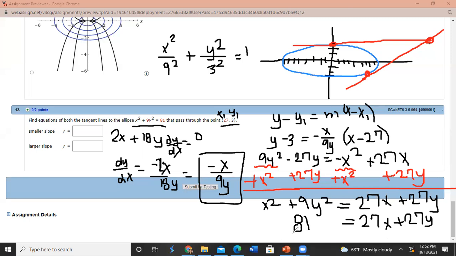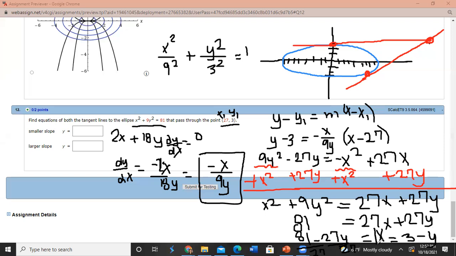So we'll subtract 27y from both sides and also divide everything by 27. So all this comes down to x equals, right over here, a little unusual formatting, but that's okay, 3 minus y.